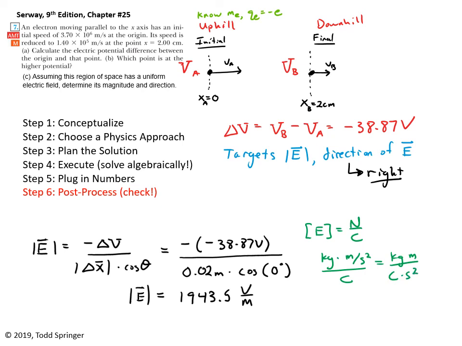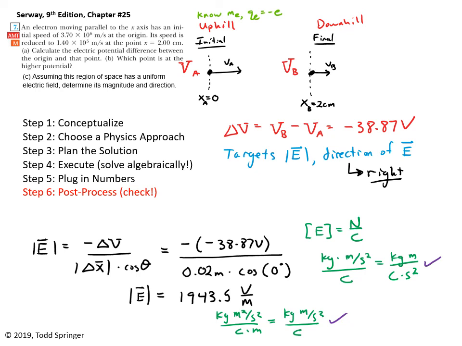And we can check that a volt per meter, remember a volt is a kilogram meter squared per second squared per Coulomb, times 1 over meter, is a kilogram meter per second squared per Coulomb. And these two match, so it has the right units for electric field, which is good.